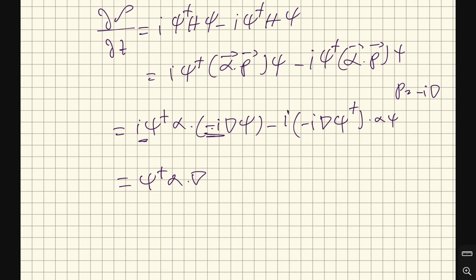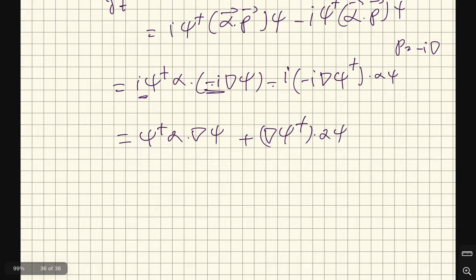Plus also, because this minus goes as a plus, now we have plus nabla psi dagger dot alpha psi. And now we can factorize the nabla, so we have nabla dot psi dagger alpha psi.